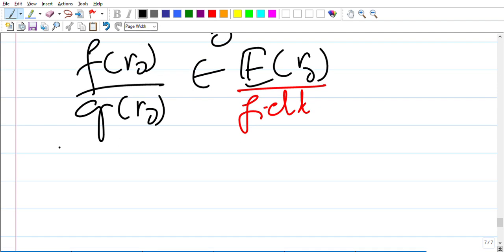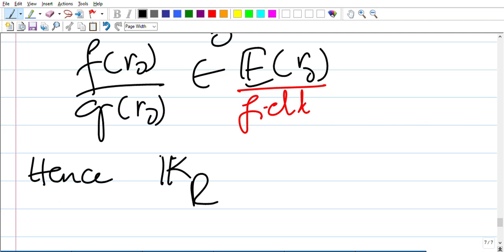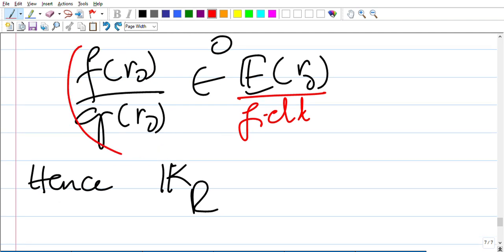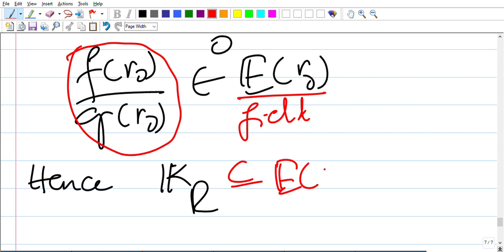Hence, what we see is that every element of K_R, which looks like this, is an element of E(r naught). So K_R is a subset of E(r naught).